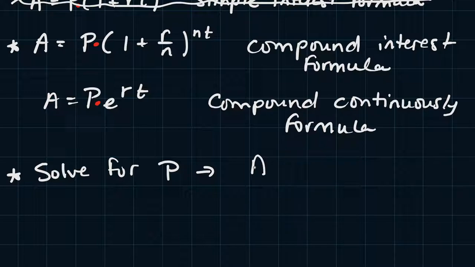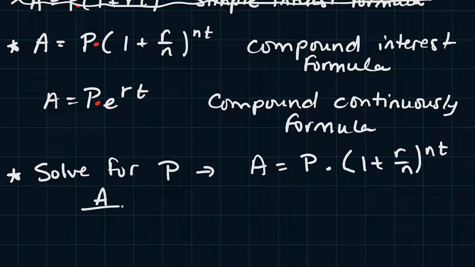So my formula is A is equal to P times (1 plus r over n) to the nt. Then to solve for P, I divide both sides by this (1 plus r over n) to the nt, and that gives me P. And now I'm going to use that property I said, because this is a number.